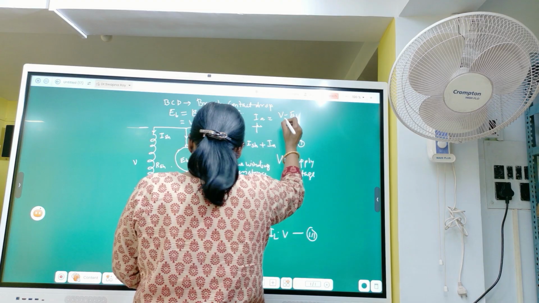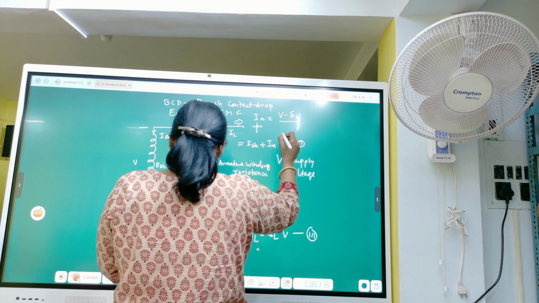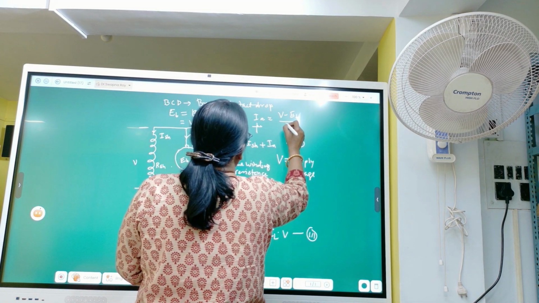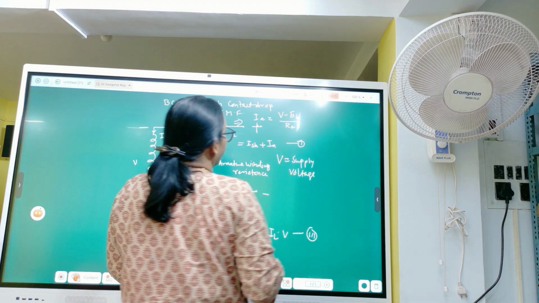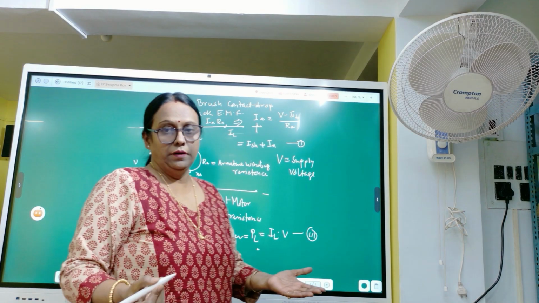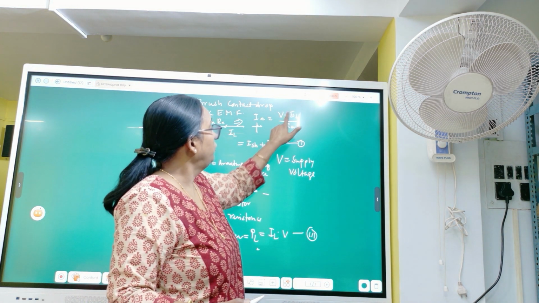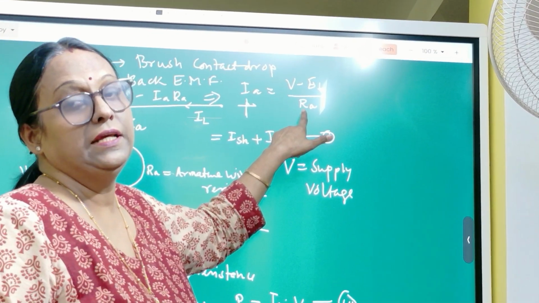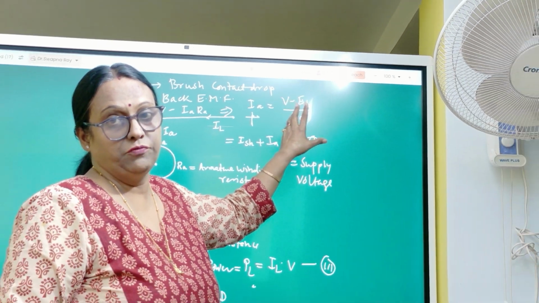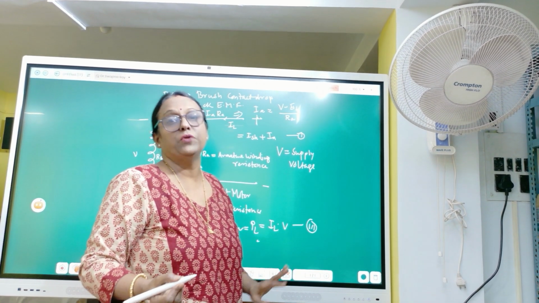V minus EB by RA. Initially back EMF is equal to 0. So this part is 0, it is V by RA. So naturally a huge current flows in the armature winding. That's why we need the 3-point starter.